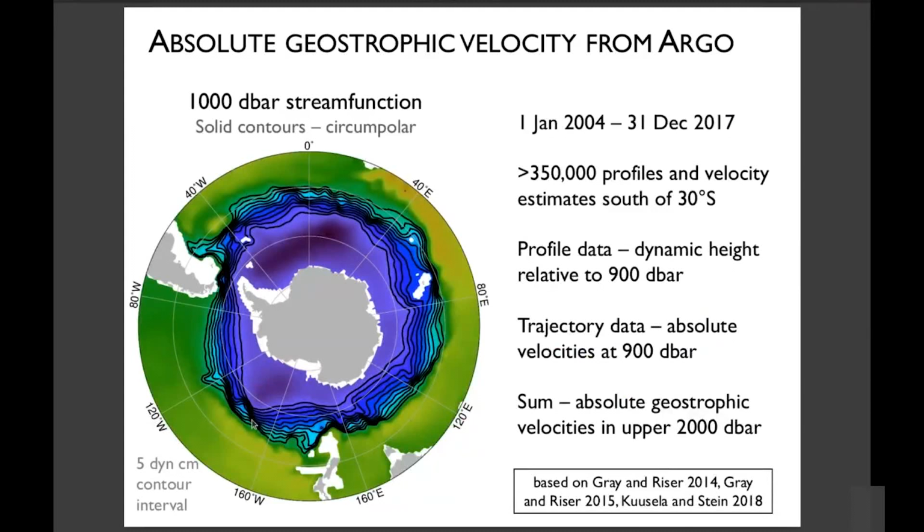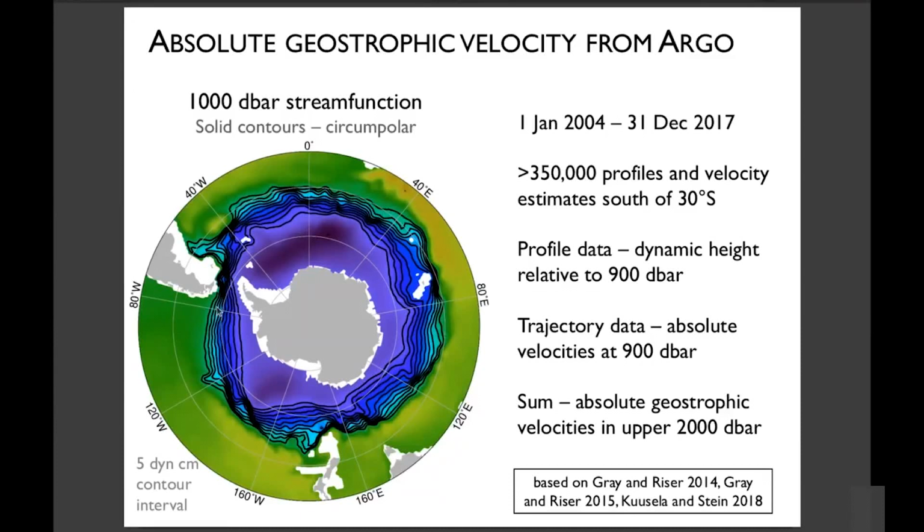This is at 1,000 decibars in the stream function, just showing you the time mean circulation, and the contours are showing the circumpolar part of the flow where the ACC is. You can see that it's not this uniform, smooth, zonally averaged picture.